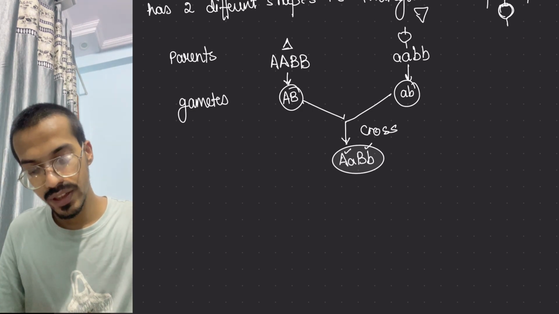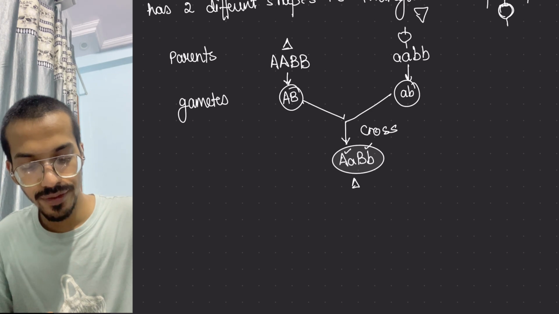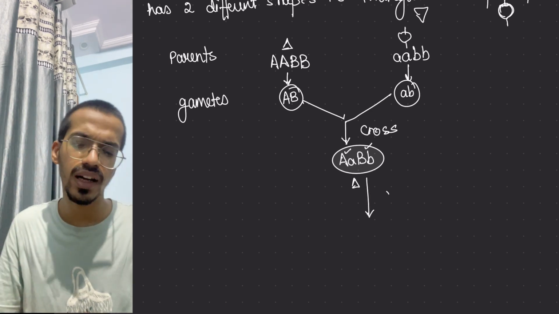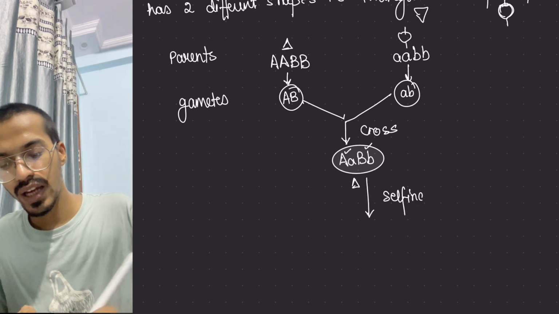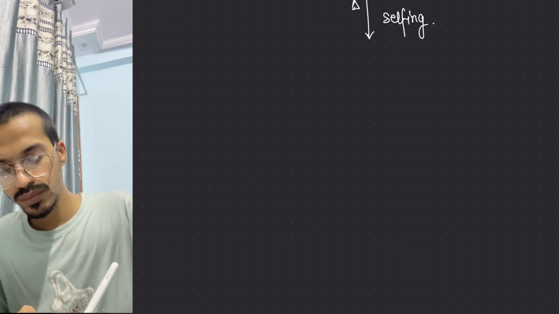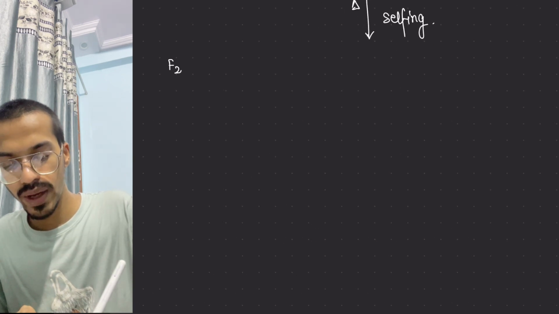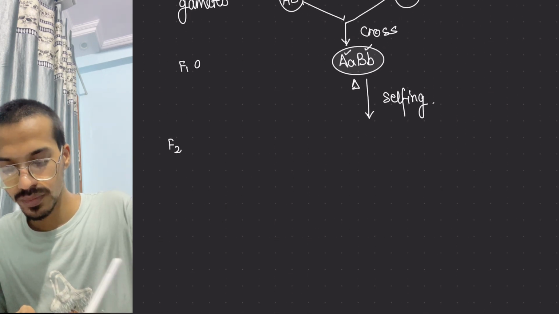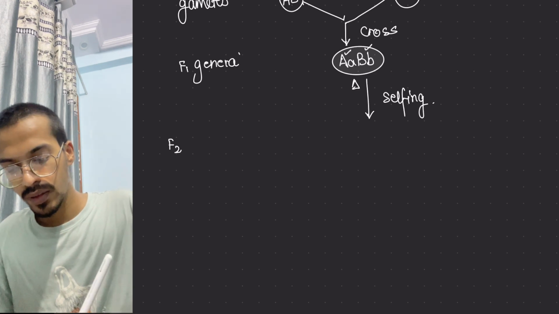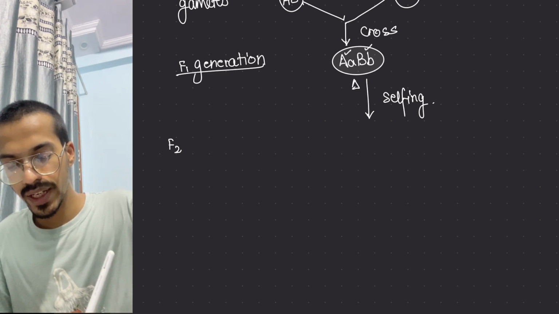Now we did the selfing of it. In selfing again, we have to make our Punnett square. The Punnett square would be the same, so let's quickly make it.